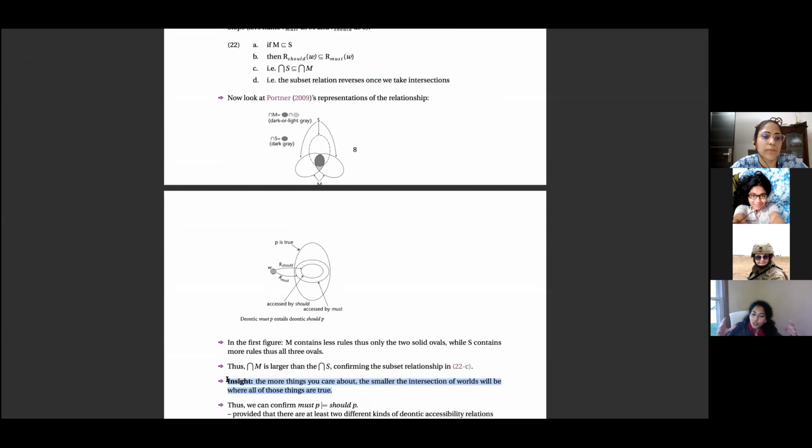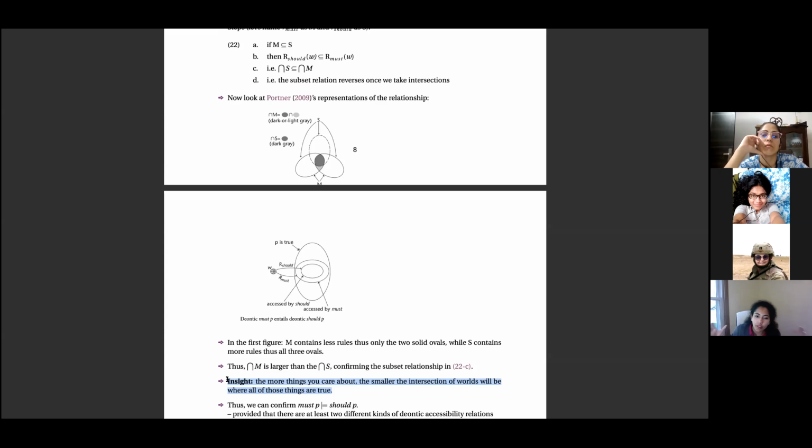The more things you care about, the smaller the intersection of worlds will be where all of those things are true. This is a general life lesson we take from modal logic. The more propositions you have to make true, of course the intersection will be smaller and smaller. If this is not intuitively clear to people, feel free to ask me.